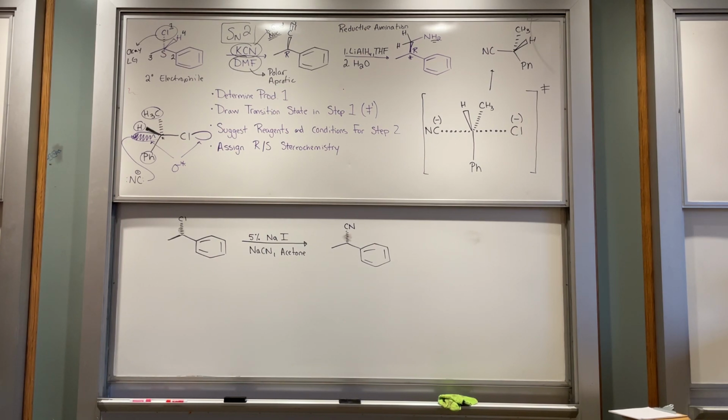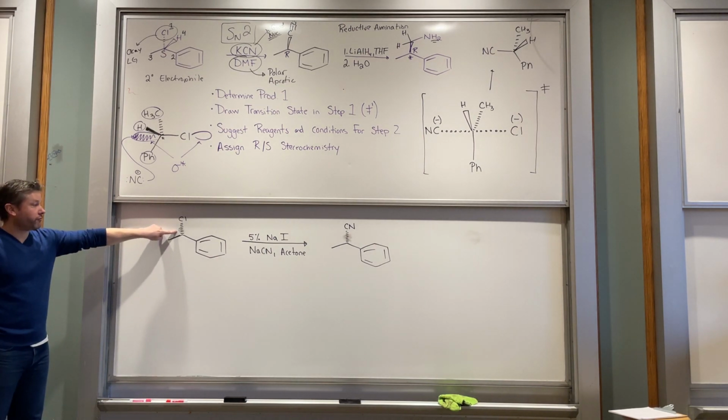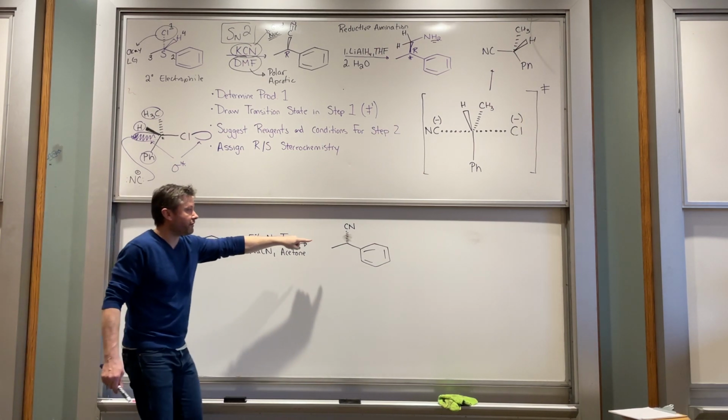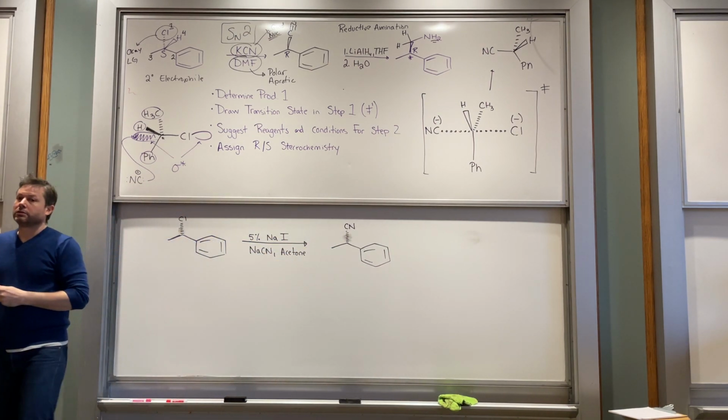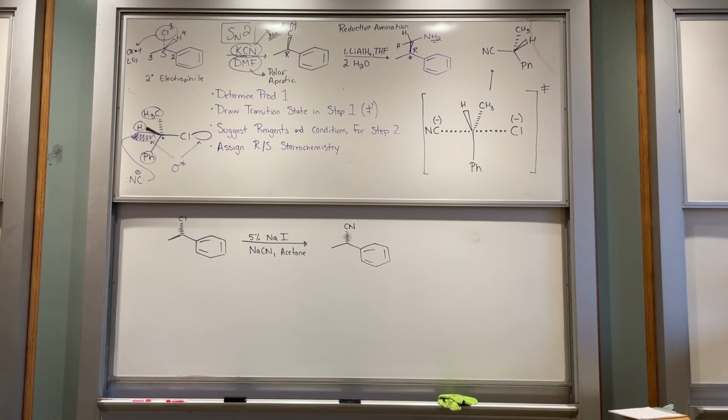When we do this, you can see the chloride in the starting material is a hash. The nucleophile that we're replacing it with, the cyanide, is also a hash. So what's going on here? Evan, yeah. Is the iodide replacing the chloride, and then the cyanide group is replacing the iodide, so it switches one way and then switches back?